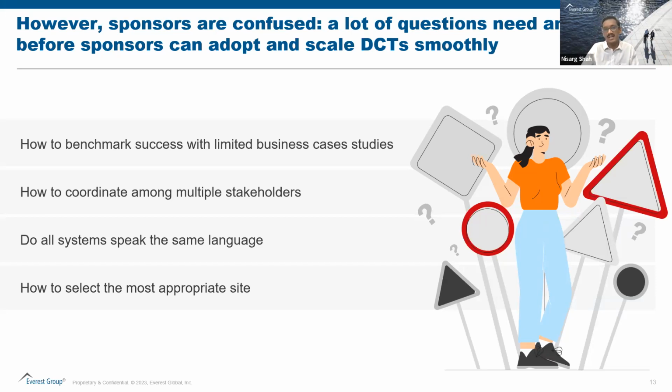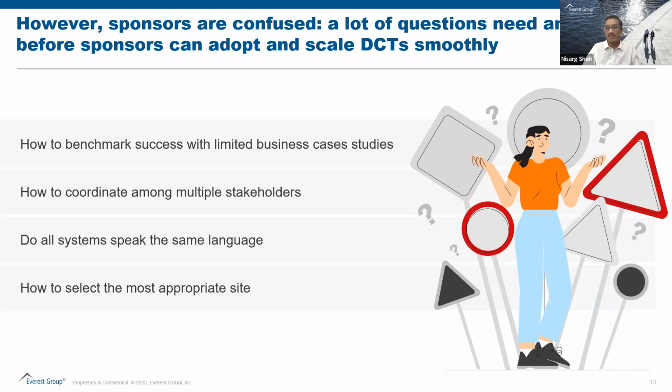And last but not least, in terms of selecting the most appropriate site, often because of the diversity conversation, the pharma company may have to select a site which is not amongst its most adopted sites. In that situation, technology maturity may not be as high as at the previous sites.